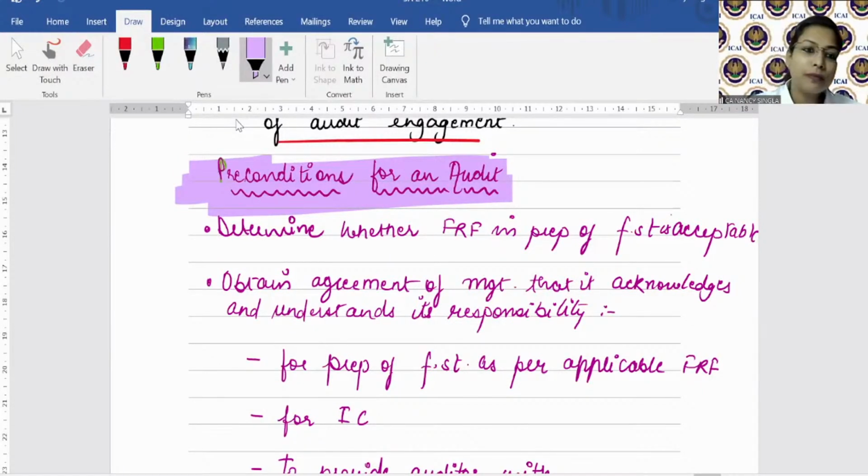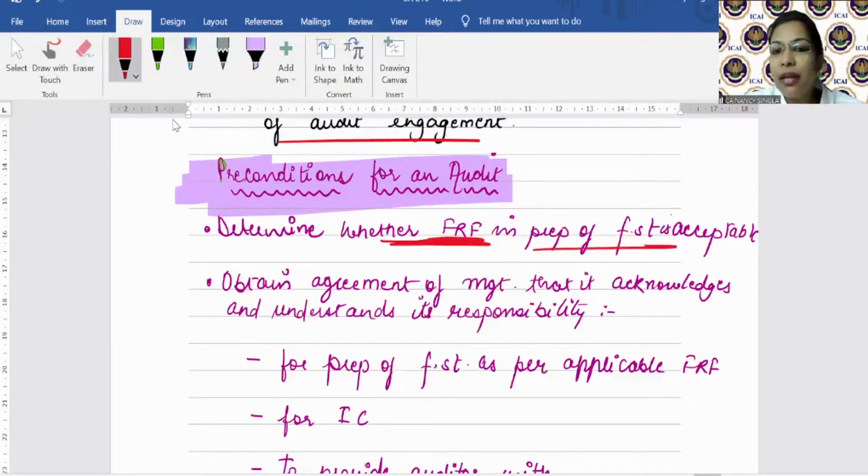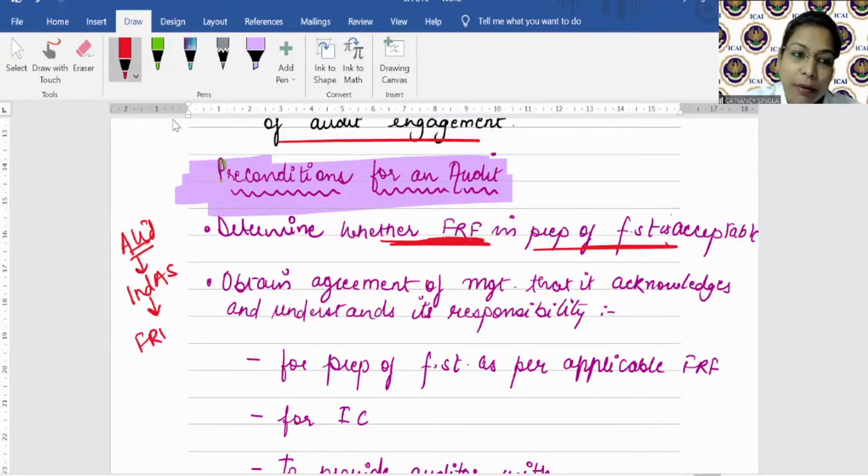First of all, the auditor needs to determine whether the financial reporting framework in preparation of the financial statement is acceptable. So before accepting an audit, the auditor will see that if A Limited is there for which the audit is to be conducted and Ind AS are applicable, whether this company has actually prepared the financial statement as per the applicable financial reporting framework.